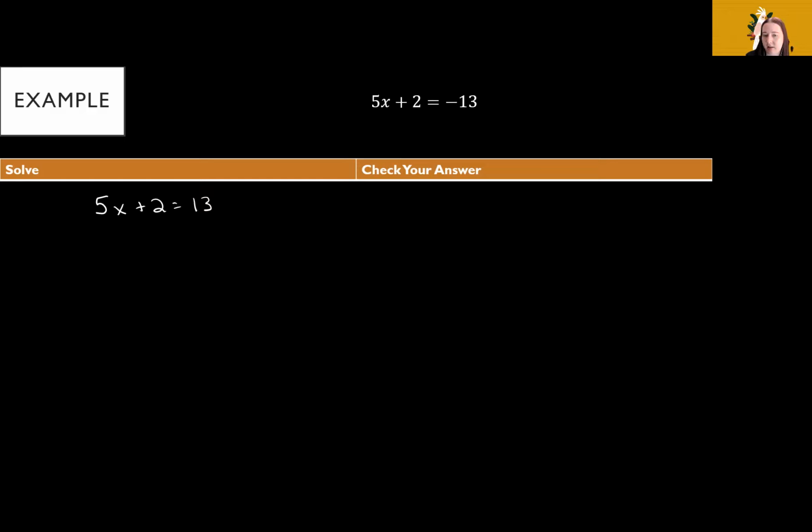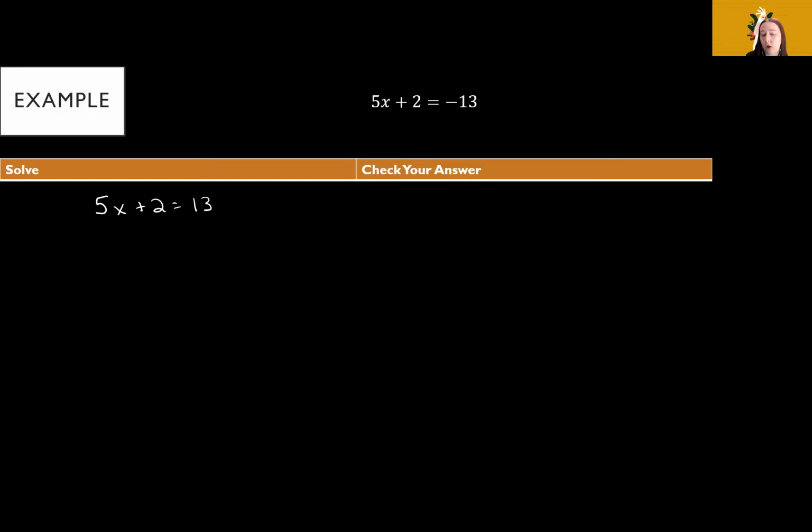Then our next step is we always add or subtract. I always start with the variable. If I have the variable only on one side, that's what I want. So then I'm done moving the variable and I look at the numbers. I've got numbers on both sides, constants without variables. I've got a plus 2 on the left and then the 13 on the right.